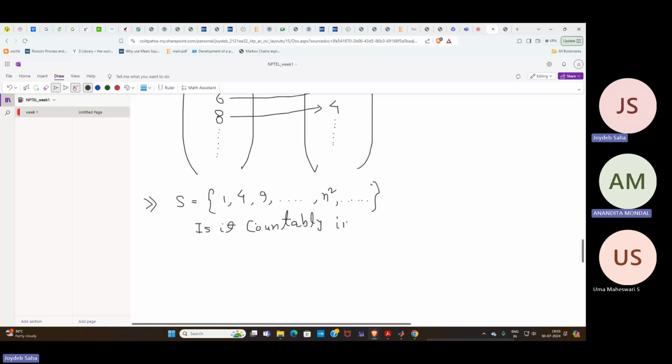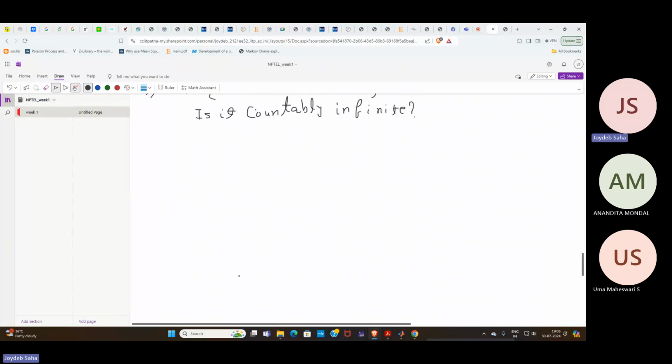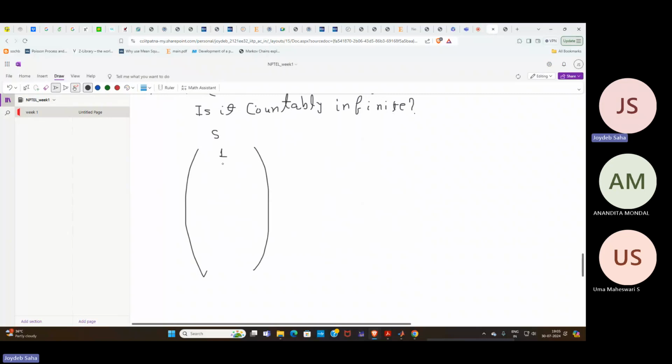Yes, sir, this is also countably infinite. Similarly, we will map this S, 1, 4, 9 and so on, to the set of natural numbers, 1, 2, 3 and so on.